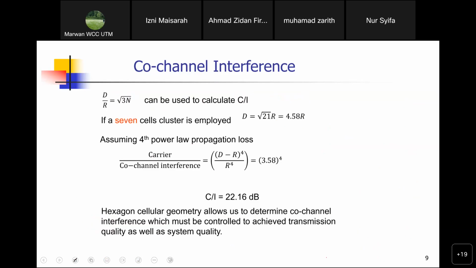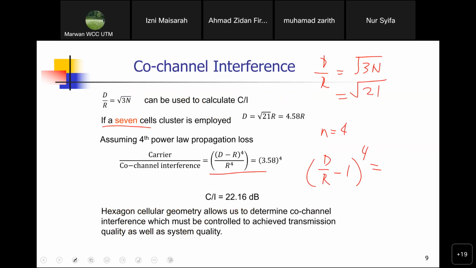If we say n equals 4, let's take power 4, and we have D divided by R minus 1 to the power of 4. D divided by R is equal to the square root of 3n. For this example, we assume you're using a cluster size of 7. So it's the square root of 21, since 7 times 3 is 21, which gives about 4.58.